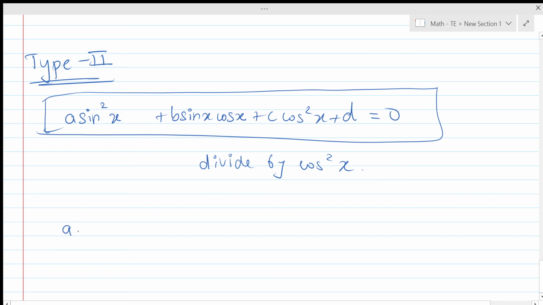This becomes a tan square x. Sin square x upon cos square x is tan square x, and upon cos square x, one cos is gone and you are left with sine upon cos.